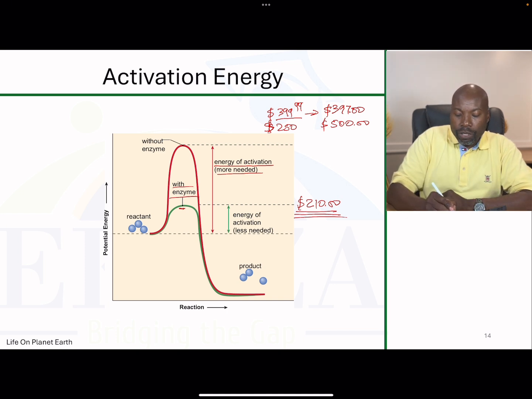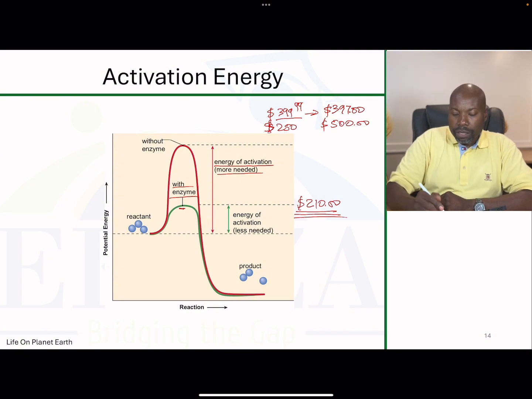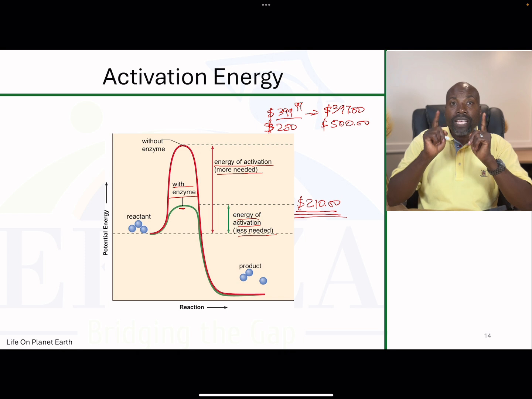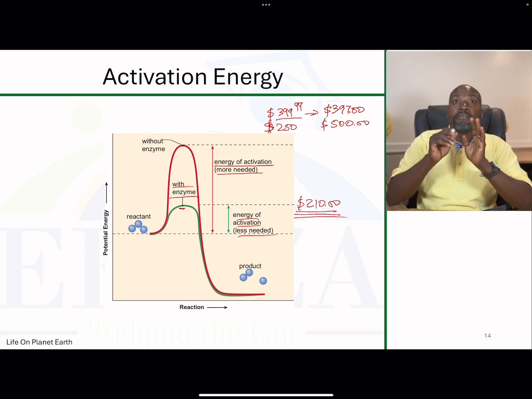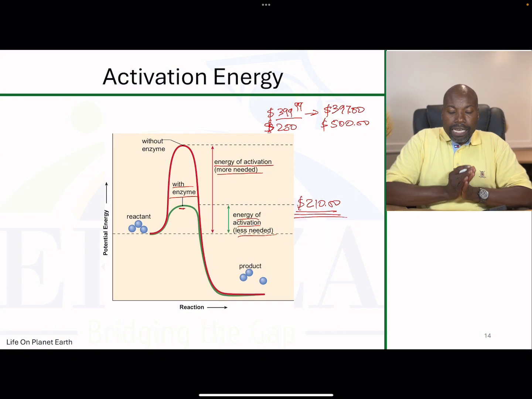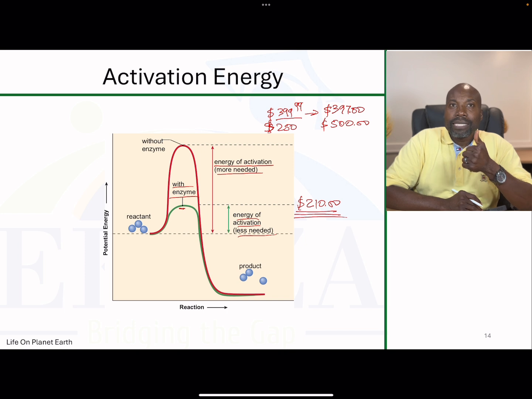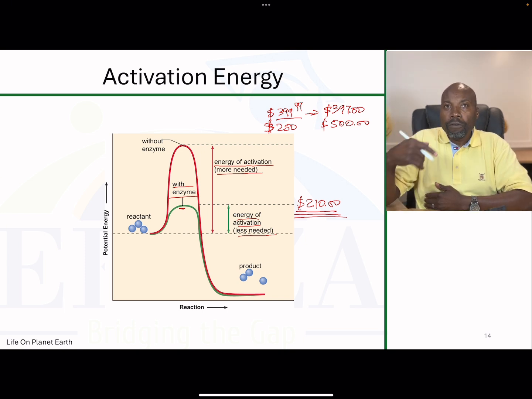So with enzymes, you only need a small amount of activation energy, which actually causes enzymes to be very powerful in our system. In fact, in presence of enzymes, the reactions are not only going to happen, they're going to happen faster and more often. Why? Because they lower activation energy.